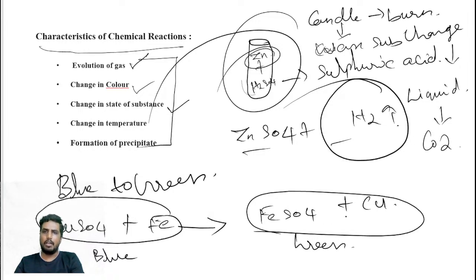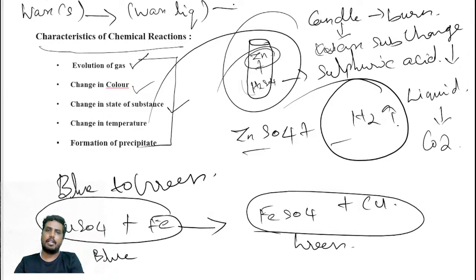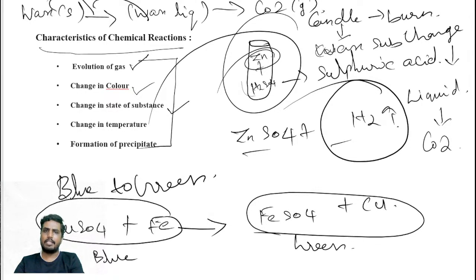Carbon dioxide, right? So within this reaction, you can see wax in solid converted into liquid wax, and it is converted into carbon dioxide as a gas. So this was a good example for change in state of substance.